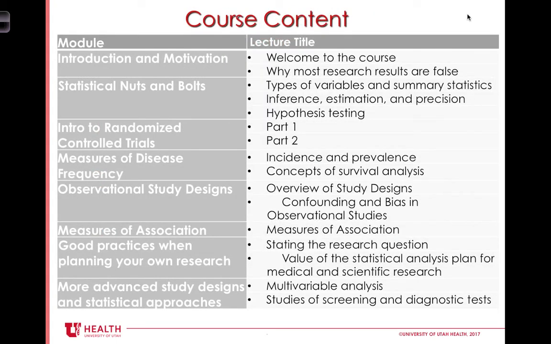The course content includes a set of modules, and within each of those modules there are 1 or 2 specific lecture segments. The modules are Introduction and Motivation, Statistical Nuts and Bolts, Introduction to Randomized Controlled Trials, Measures of Disease Frequency, Observational Study Designs, Measures of Association, Good Practices when planning your own research, and more advanced study designs and statistical approaches.